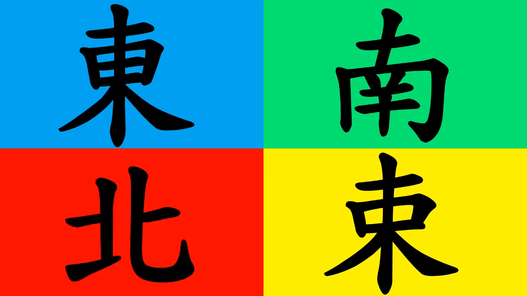The following chart shows how these characters would appear in printed form. For those learning simplified characters, the simplified form for dong is also given.